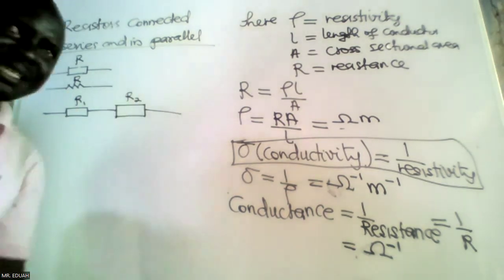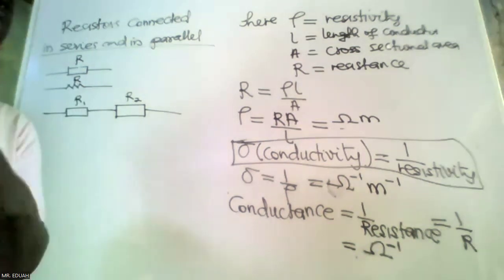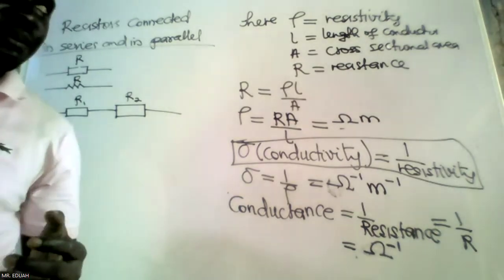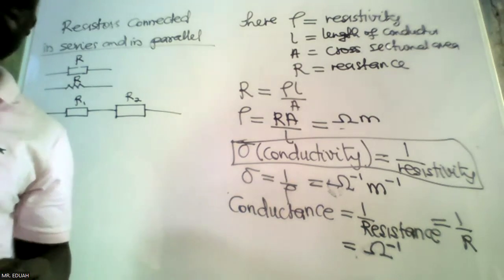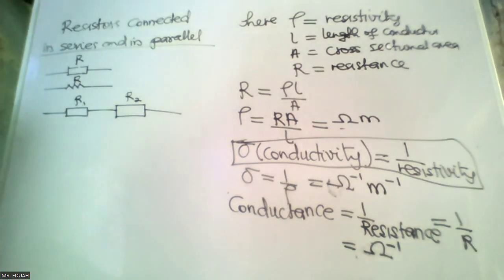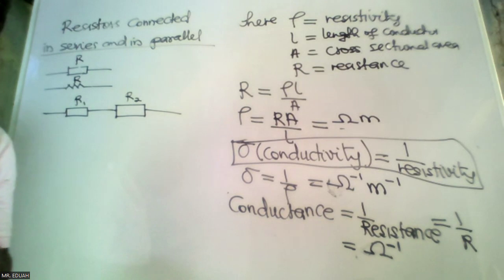Resistance is the measure of the opposition to the flow of current offered by a resistor.